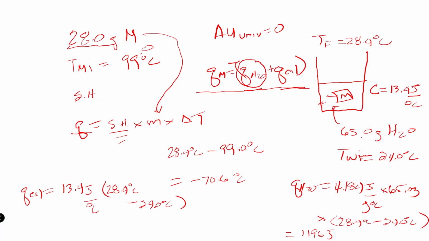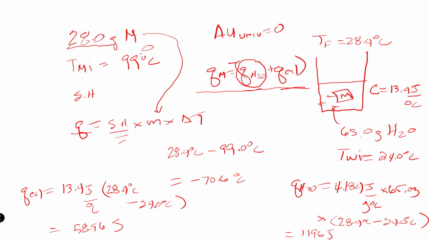So if I calculate this out, I'll get the Q, the heat absorbed by the calorimeter. And again, it should be a positive value because the heat's going from the slug to the water to the calorimeter. So 13.4 multiplied by 28.4 minus 24. And that gives us 58.96 joules.